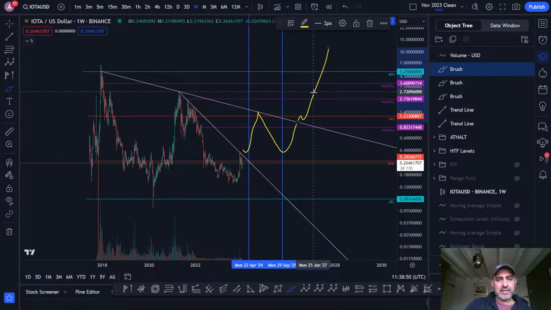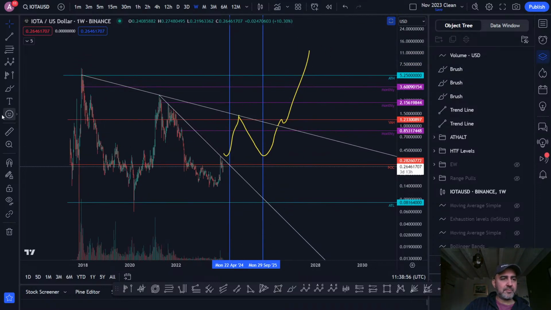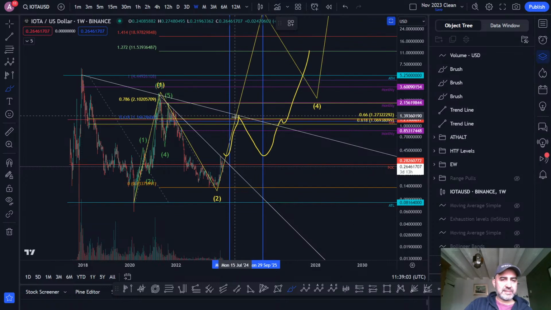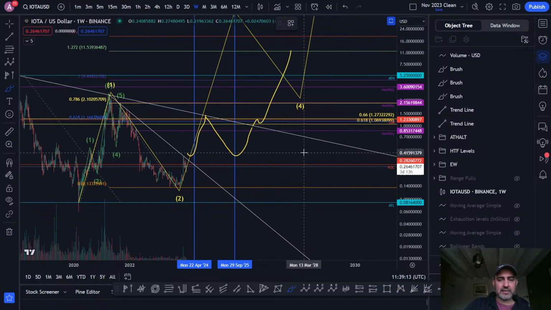You have this really long period of consolidation. It would make sense to come into this upper trend line, which is with the golden pocket, which is with these kind of key fib areas, and find resistance. It would make sense to be sold into, right? And it would make sense to come back.